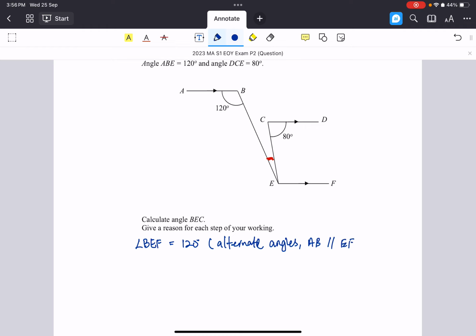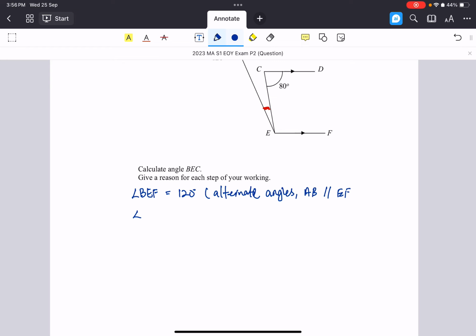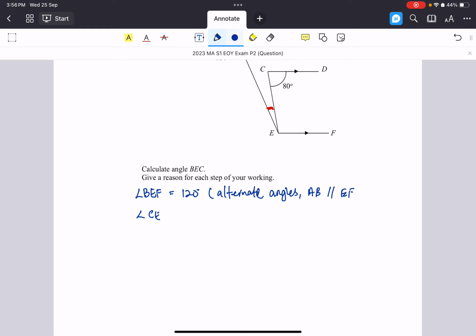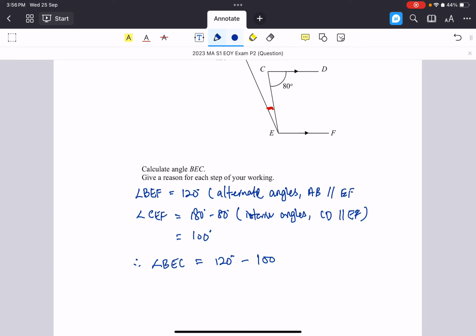Then we can find angle CEF, which equals 180 degrees minus 80 degrees. The reason is interior angles due to CD parallel to EF. So this equals 100 degrees. Therefore, angle BEC is going to be 120 degrees minus 100 degrees, which gives us 20 degrees.